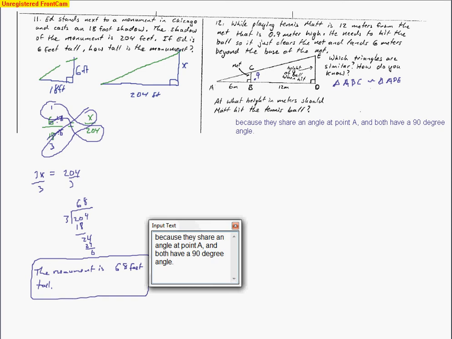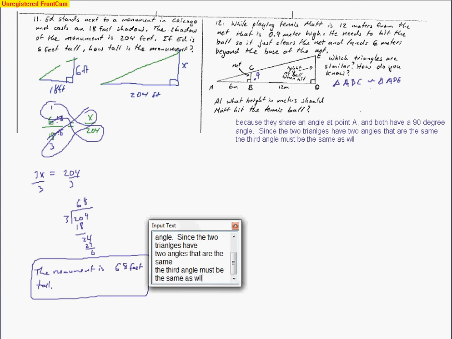So here's the sentence we can go ahead and use. We can say, since two triangles have two angles that are the same, the third angle must be the same as well.